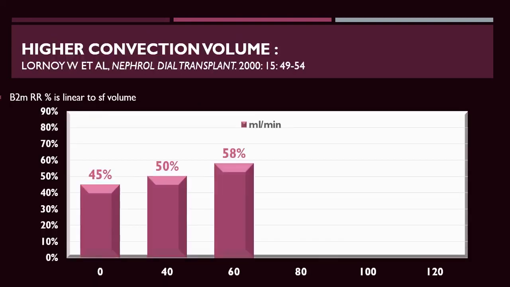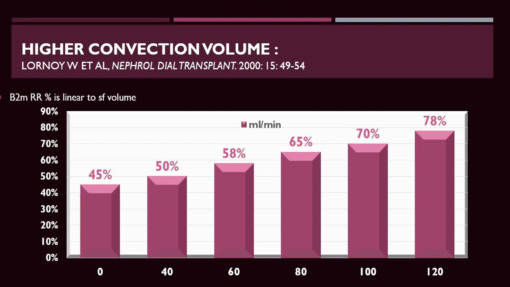So higher convection volume is associated with higher removal of beta-2 microglobulin. This explains why hemodiafiltration is better than high flux in the removal rate of beta-2 microglobulin.